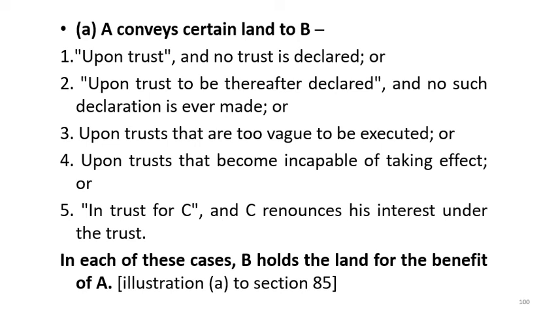We have seen that in the first one. Now the property is with the transferee. Therefore, the trust is incapable of being executed, because the property is transferred but there is no deed of trust. That was the second thing. Upon the trust to be thereafter declared, but no such declaration is ever made.